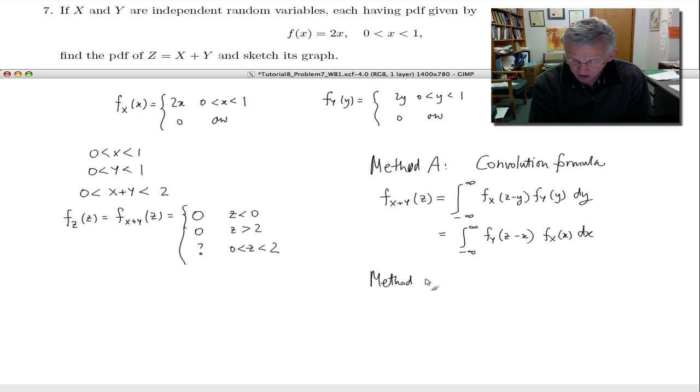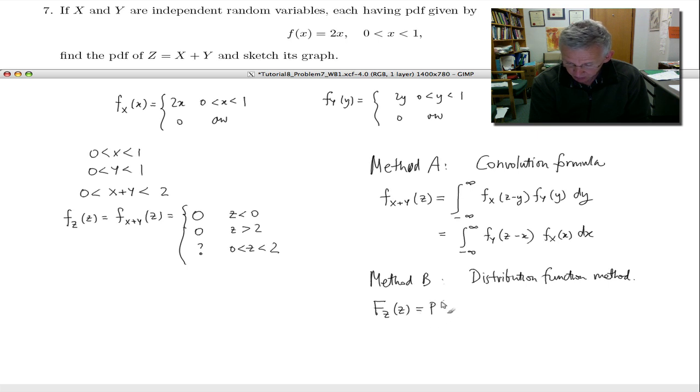Method B that we're going to look at is called the distribution function method, and you've seen a number of examples of this in lectures. Basically, what it says is let's try to find an expression for the distribution function for the sum.